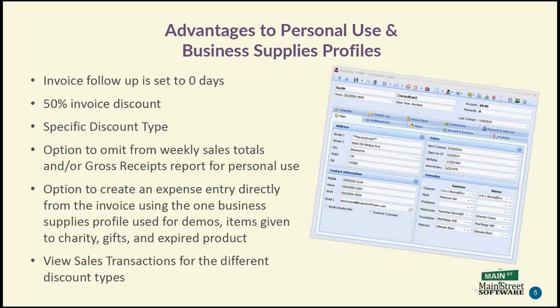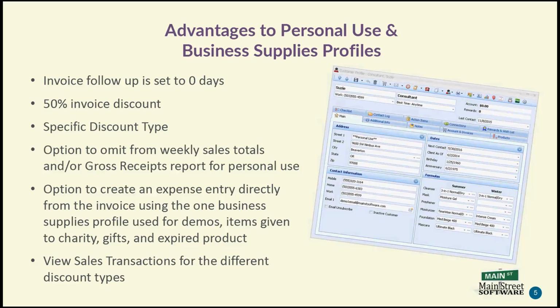Any of those business-related expense situations where you're pulling Section 1 inventory out of your on-hand amounts can all be done under the same business supply profile. I'll go into that more specifically and show you how to create an actual business supply invoice for the different situations in just a minute.